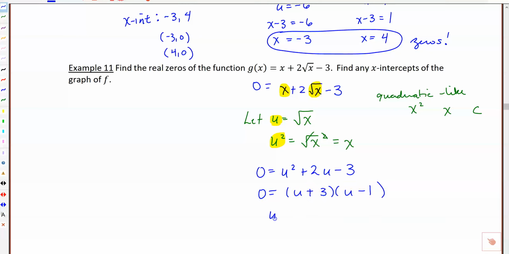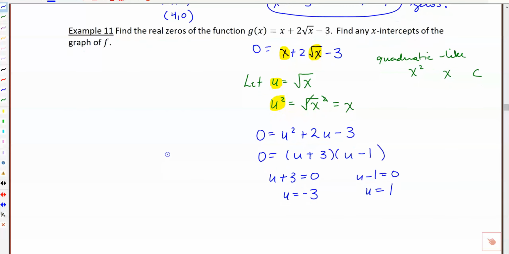Now we'll set each factor equal to 0. So if u plus 3 is equal to 0, u is equal to -3. If u minus 1 is equal to 0, that means u is equal to 1. Now again, we're going to use our rule that we came up with up here, and we're going to back substitute it so that my final answers are not in terms of u, but they are in terms of x.